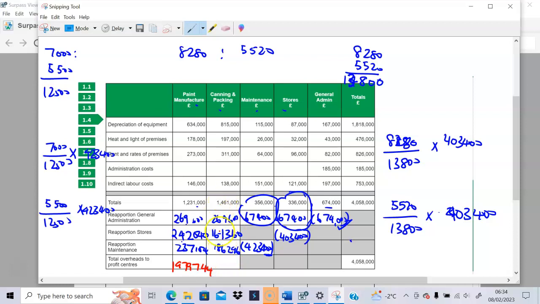And then do the same thing here again. 1,461,000 plus 269,600 plus 161,360 plus 186,296, and that gives you 2,078,256. Right, great stuff.